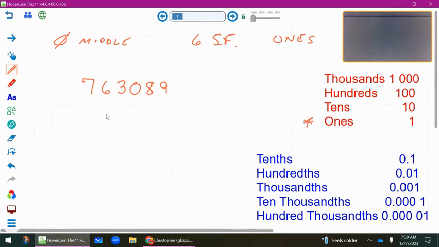What if we wanted this same number, but pick a different place. Let's go with the thousands place instead.